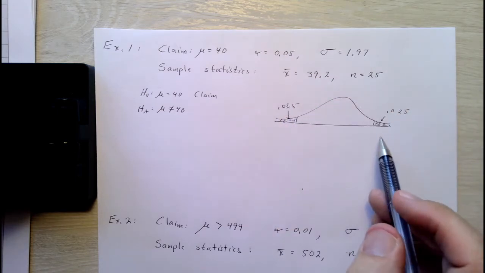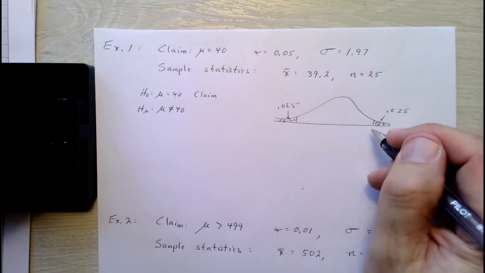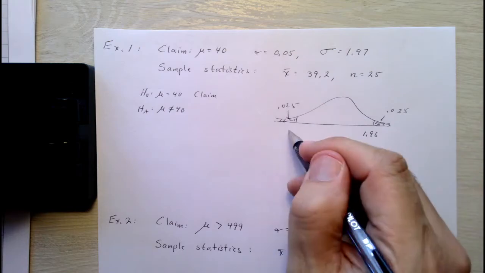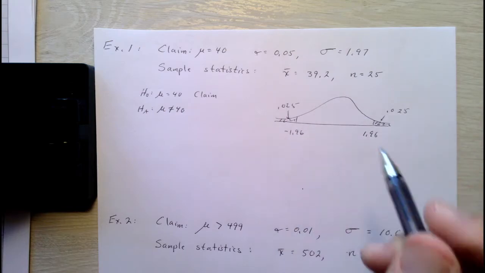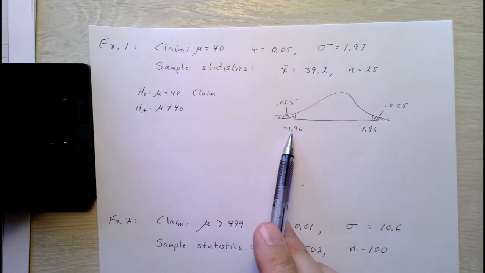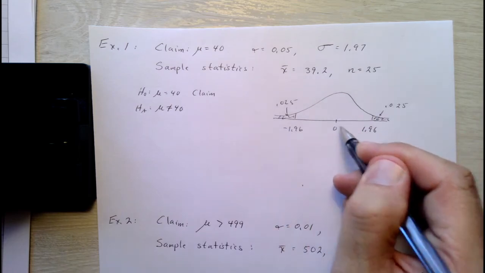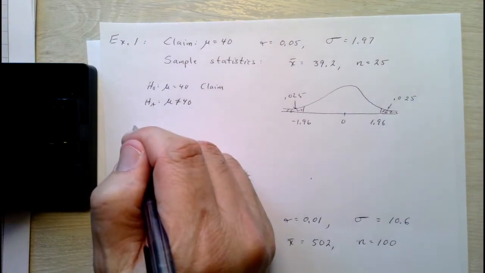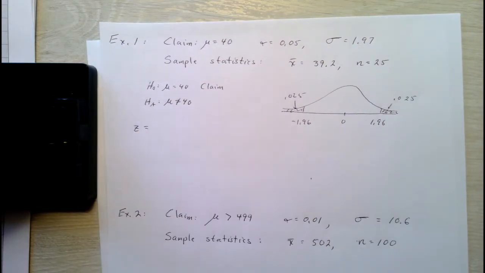And you can check using your tables or your calculators that this value has to be 1.96, and this is negative 1.96. You can take the inverse norm of 0.025 and you get this number. Then by symmetry, you can see what this number is. Then we use our standardized test statistic formula.